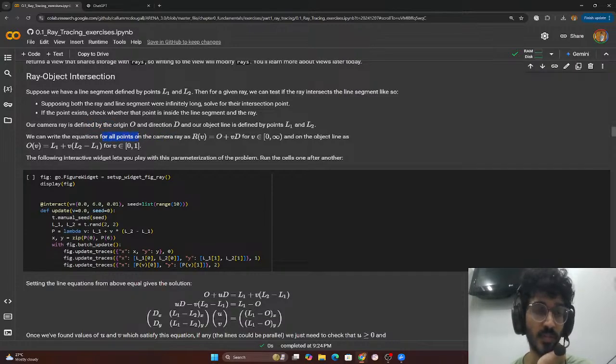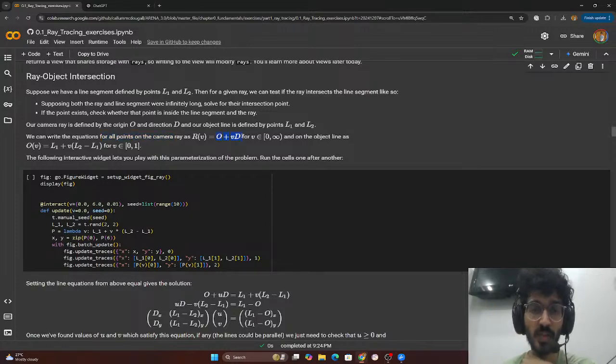You can write the equation for all points on the camera ray as R of t equals O plus t times D. Makes sense. You can start from O and in the direction of D, you can move any amount of distance.